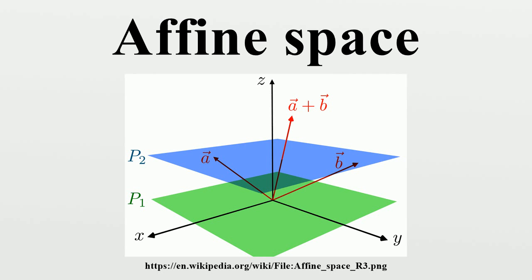Coordinates. There are two strongly related kinds of coordinate systems that may be defined on affine spaces. Barycentric coordinates: let A be an affine space over a field K of dimension n, and x0, …, xn be an affine basis of A. The properties of an affine basis imply that for every x in A there is a unique tuple of elements of K such that the weighted combination gives x, and they are called the barycentric coordinates of x over the affine basis.